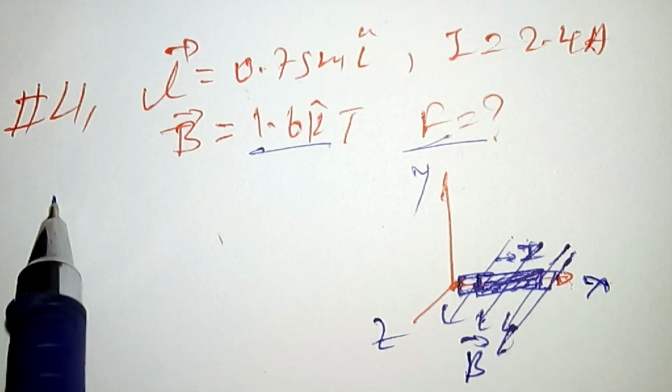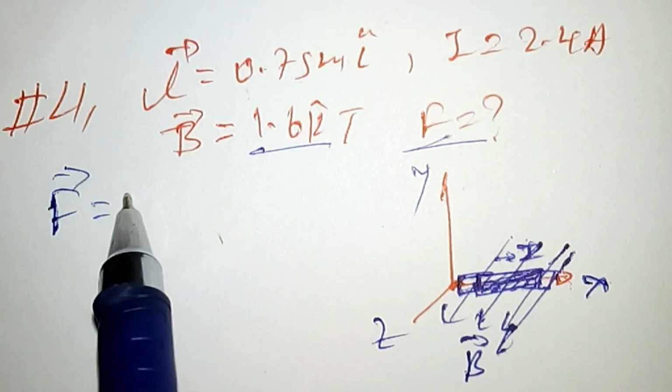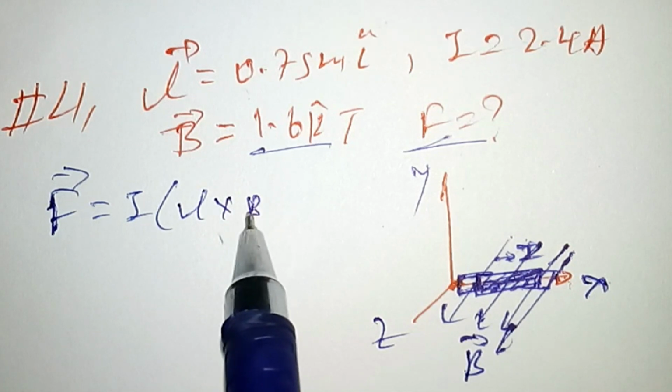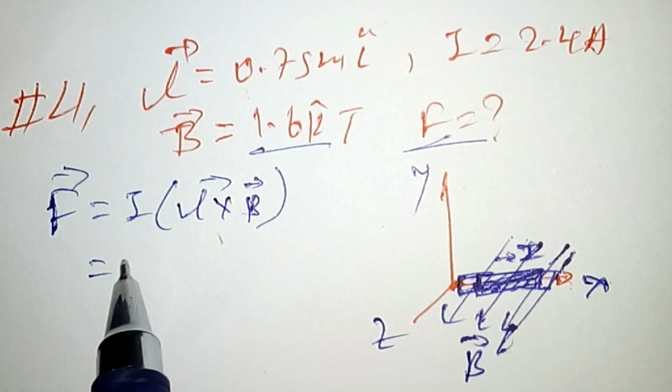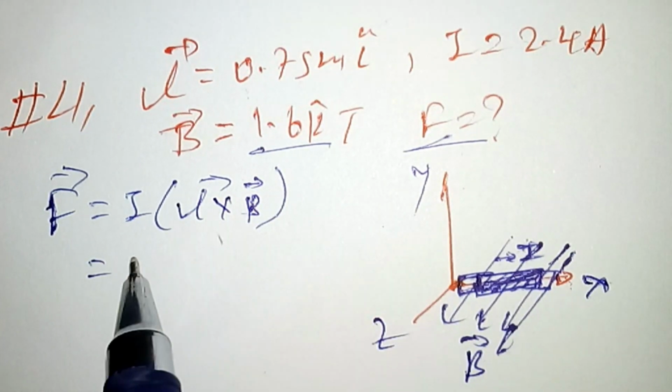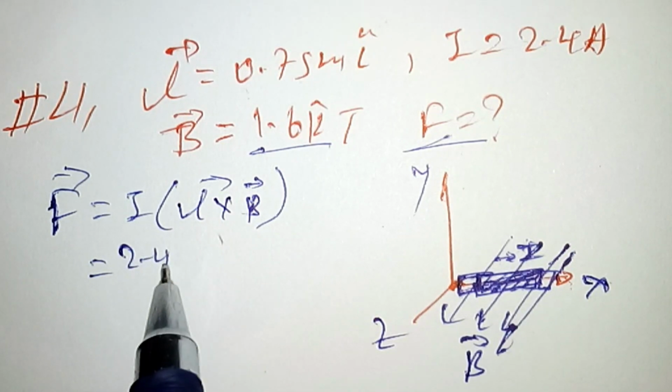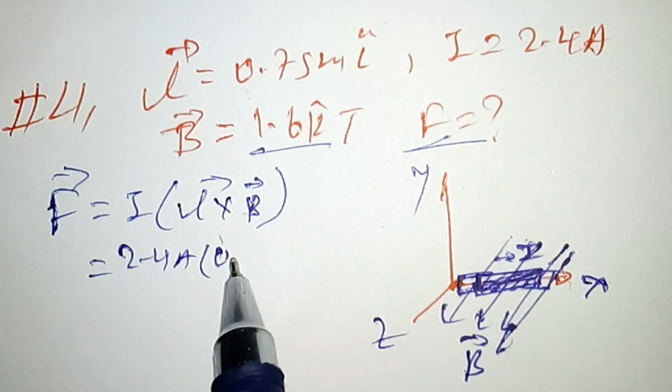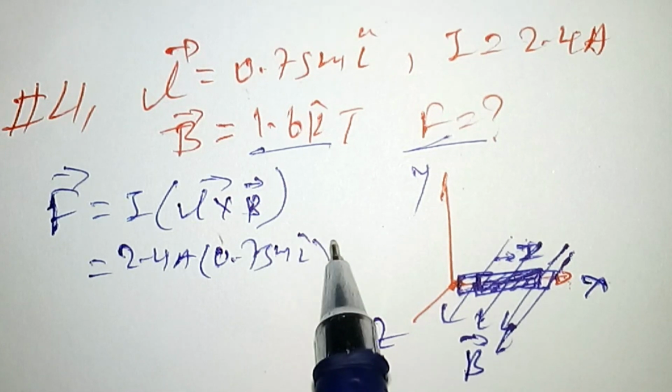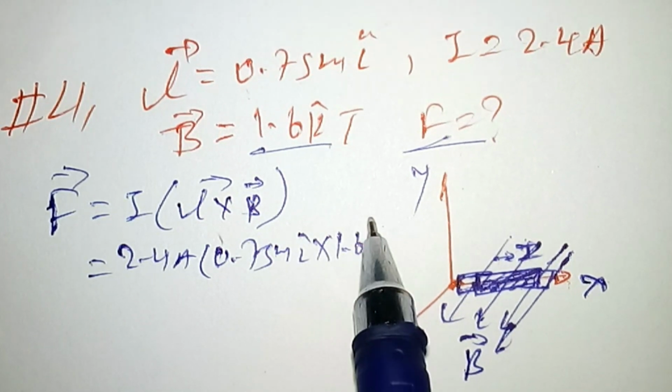Exactly, we know that the magnetic force is equal to IL cross B. So directly, as we have seen in question number 3, this is 2.4 ampere, length is 0.75 meter, cross with 1.6 k Tesla.